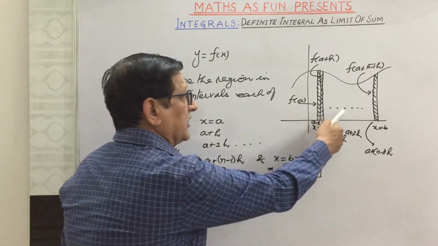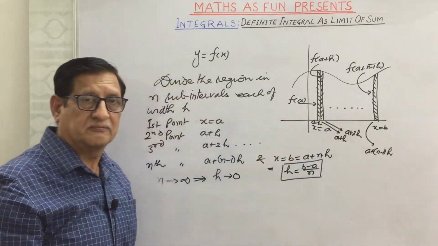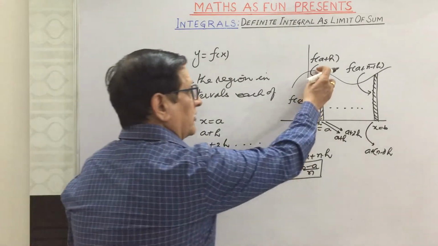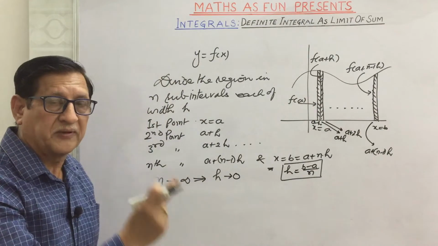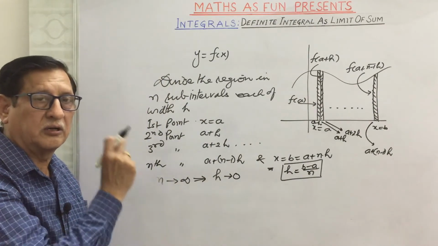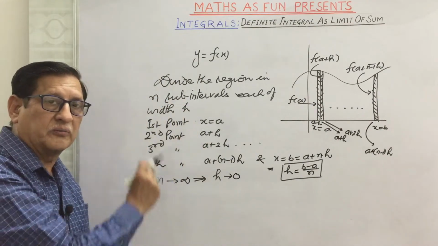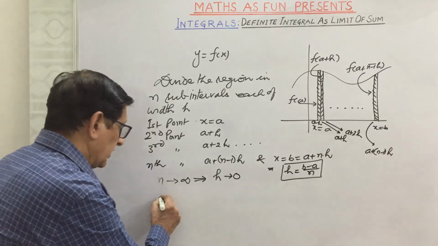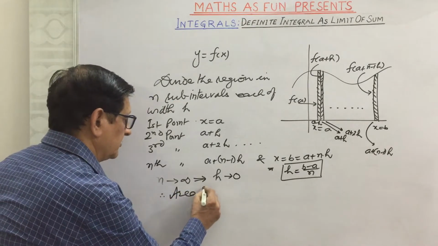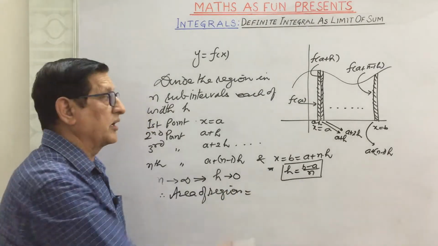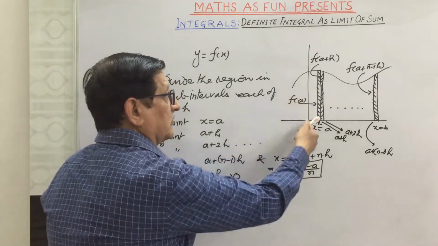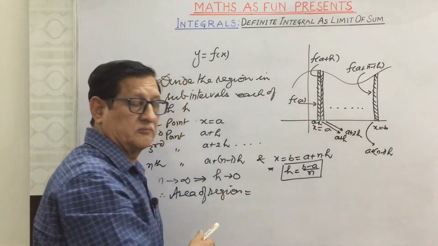And if we add the area of all the strips, that will be equal to the area of this complete region, which is equal to the definite integral of f(x) from a to b. So the area of the region can be taken as the sum of the areas of all the strips.